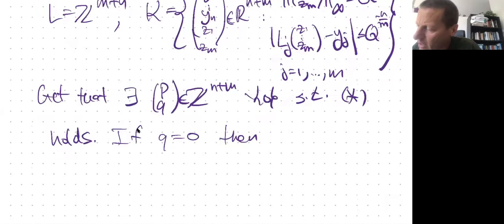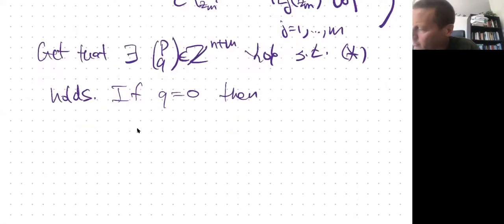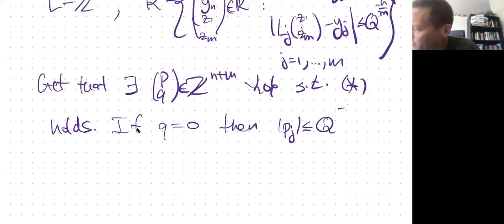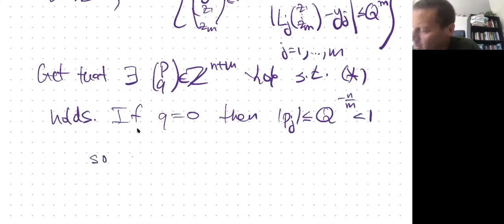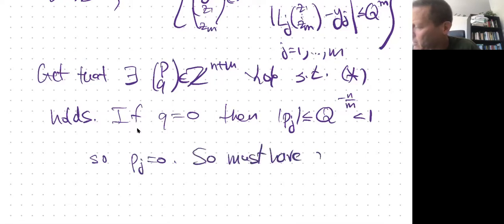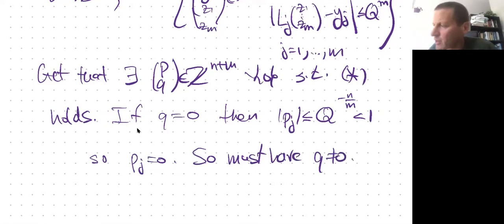And so what this is saying is that p_j is less than Q to the minus m over n, which is less than 1, so p_j equals 0. Okay, and that's the proof of Minkowski's linear forms theorem.